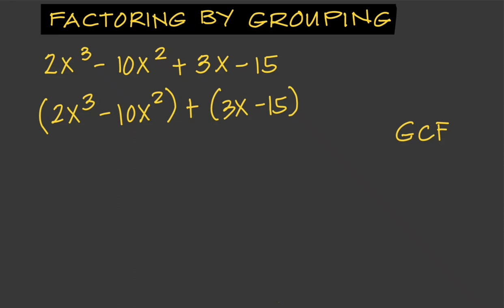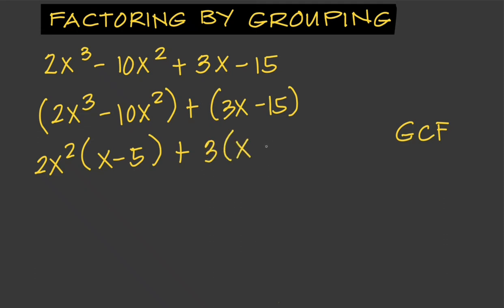So from the first group, the first half, the common factor here is 2x squared, so we can extract 2x squared from this one. So we are left with x minus 5 inside our parentheses, and from the other half we can factor out 3.